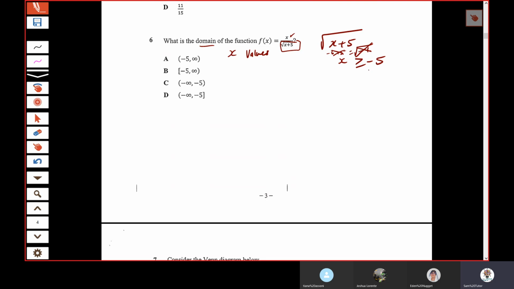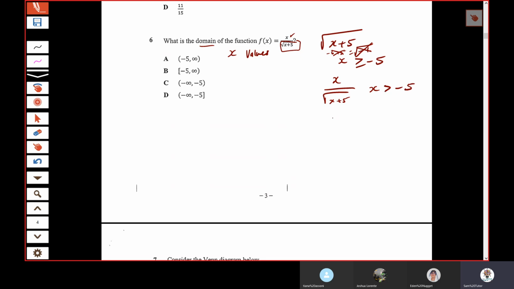The second problem is the fact that the square root is in the denominator, which means if I actually had -5, I get -5 plus 5, which is 0. So the square root of 0 is fine, but 0 in the denominator is not fine. So that means really, if I had x on root x plus 5, then my answer should be x must be greater than -5.